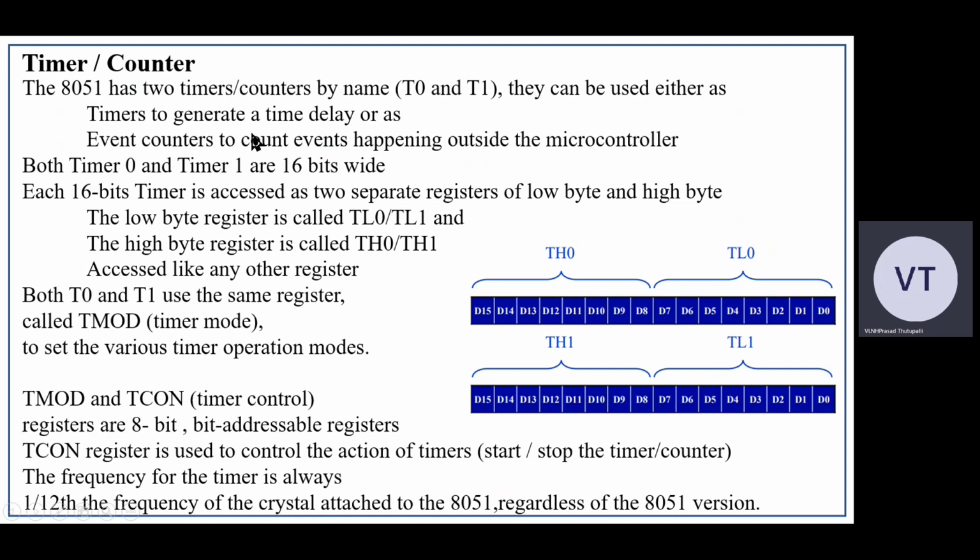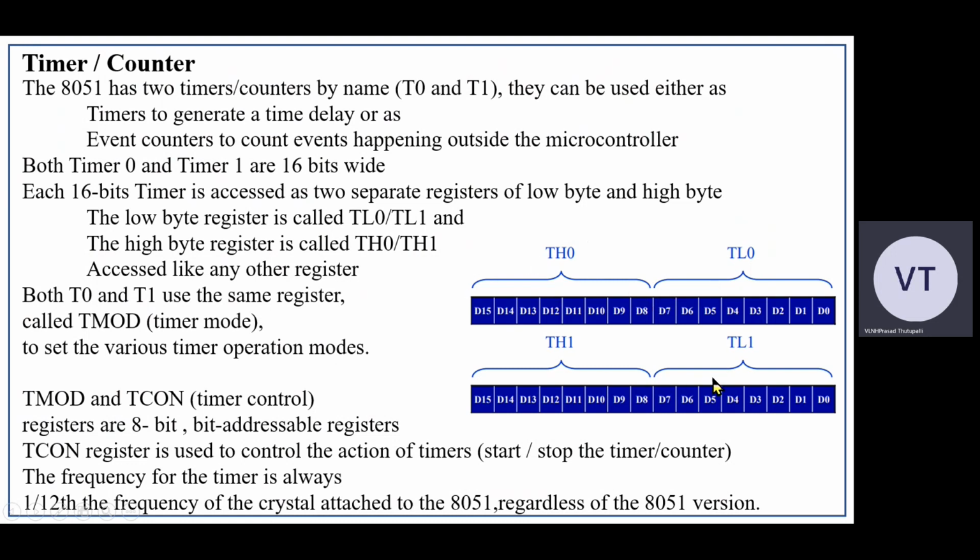Timers are used to generate time delays, or as event counters to count the number of events happening outside the microcontroller. Timer 0 and timer 1 both are 16-bit wide timers. You can see this is T0 and this is T1. T0 is divided into two parts: the lower order 8 bits are called TL0, and the higher order 8 bits are called TH0.